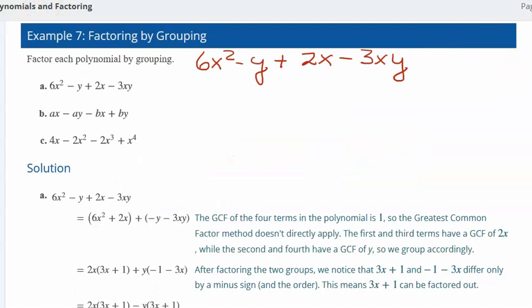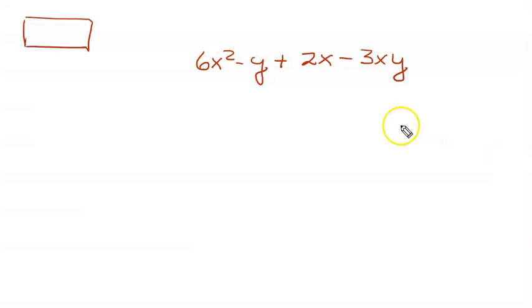Now, for example 7, we're going to factor by grouping, and usually it's in a 4-term sequence where there is no common factor for everything. But if you rework this, and let's go to the whiteboard, we look for what kind of combination we can move to get common factors.